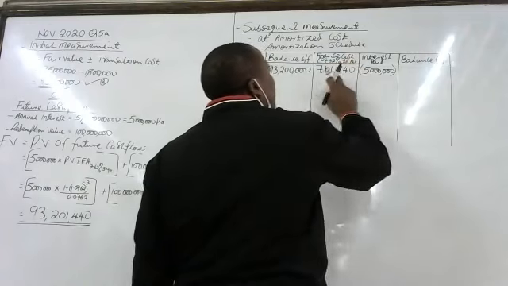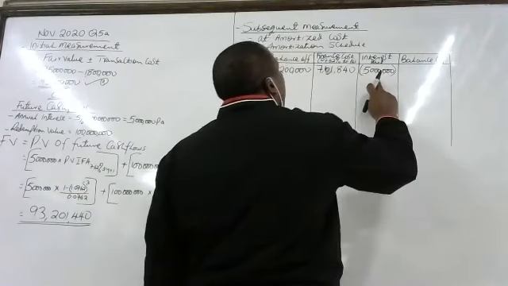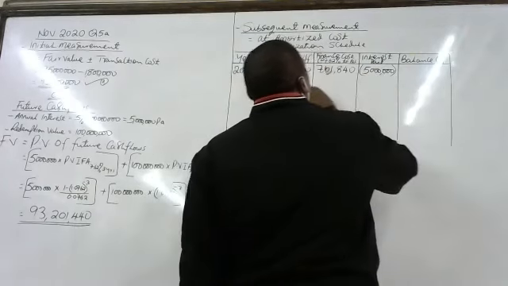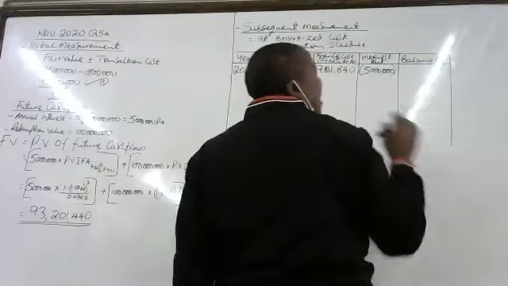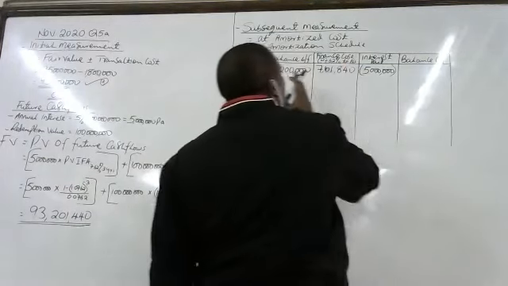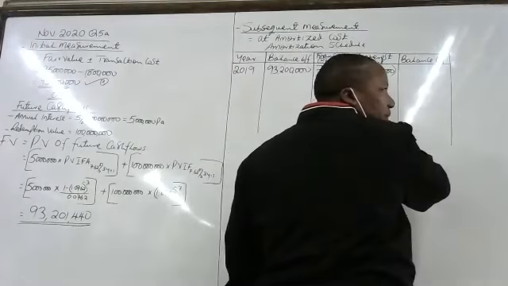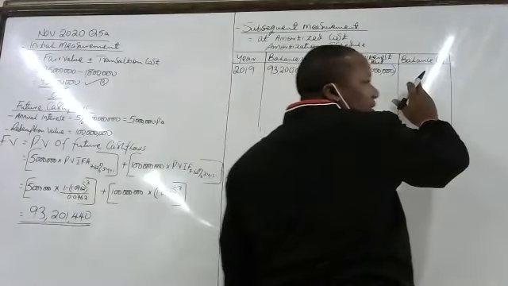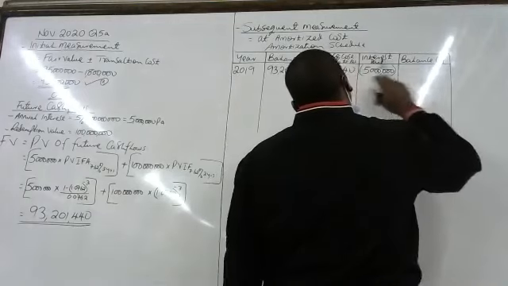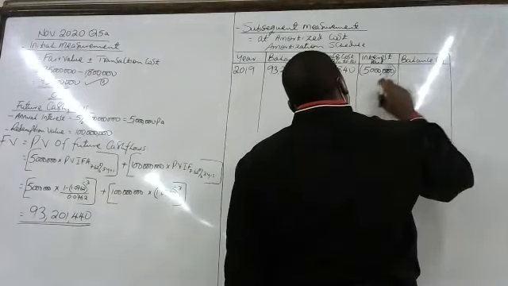So this plus this minus this, you get what? That is how to calculate the amortized cost: the principal plus interest minus any form of repayment. It's a loan schedule.